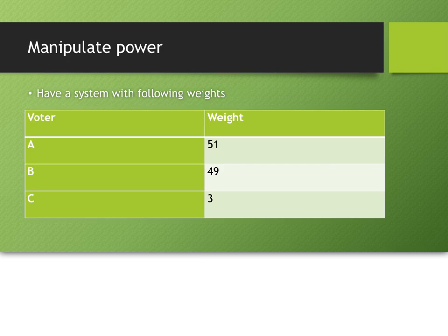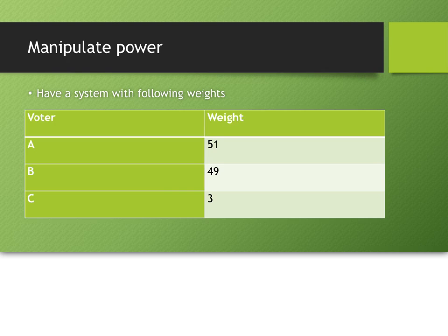And with that idea, because quotas matter, if we are the people who are in charge of, let's say, rigging the system, we can manipulate how power works in a system. Now, you're never going to be able to give, well, let's take this example. Here we've given 51, 49, and 3 as our weights.